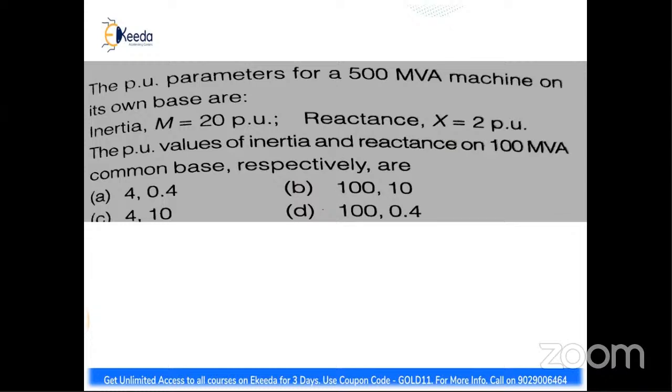The PU values of inertia and reactance on 100 MVA common base respectively are: option A is 4, 0.4. Option B is 100, 10. Option C is 4, 10. Option D is 100, 0.4. Okay, so let us find out the solution for this.